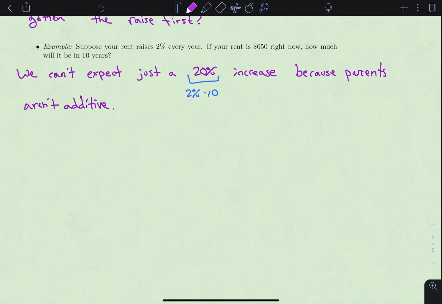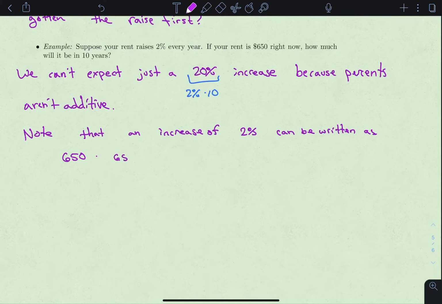So note that an increase of, I mean, of 2% can be written as 650 plus 650 times 0.02.